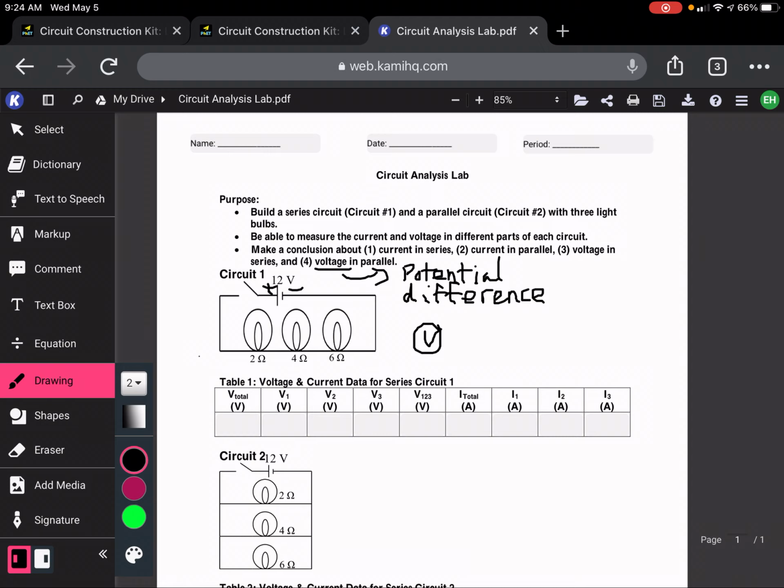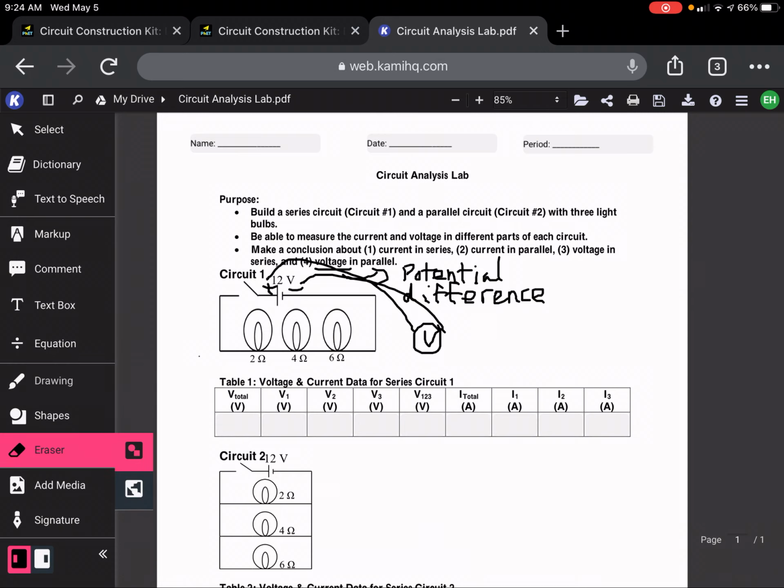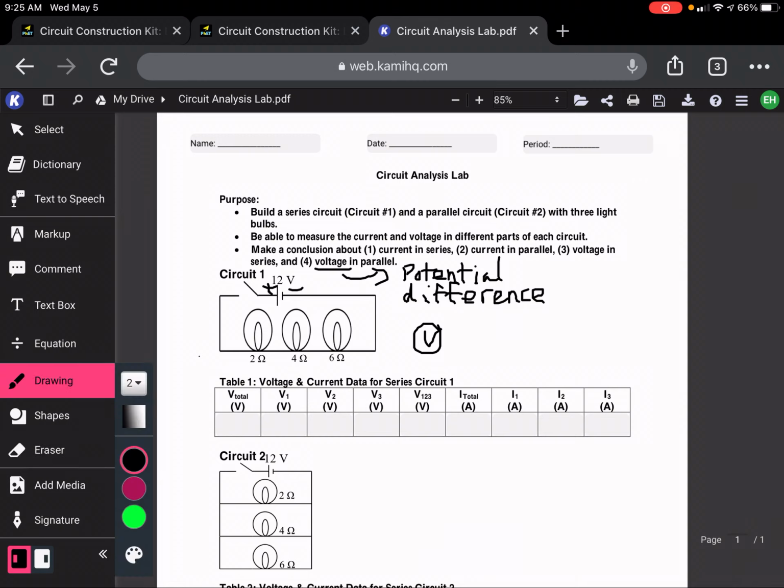We're going to hook the red end to the positive and the black end to the negative. Then we'll hook up the voltmeter across each of the light bulbs individually and then across all three of them together. Let's take a look.